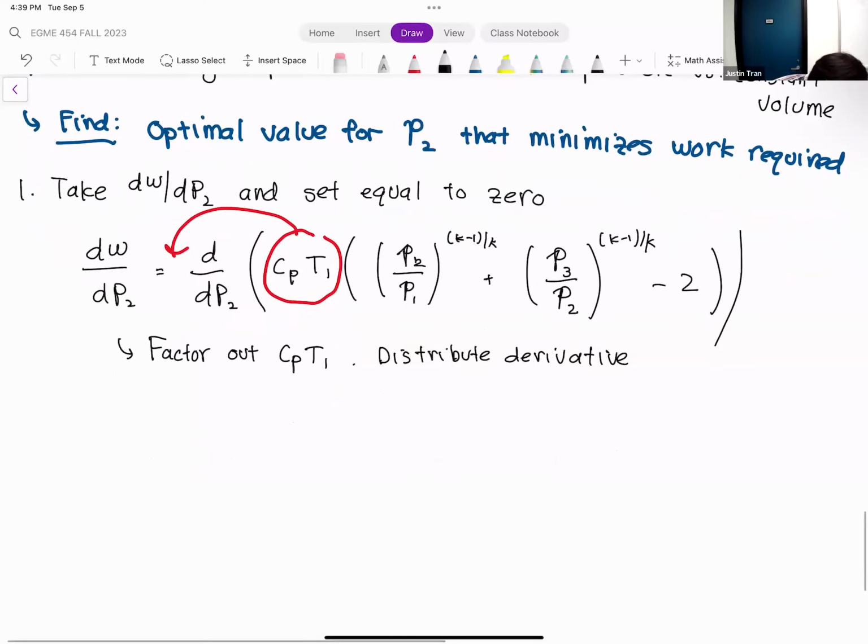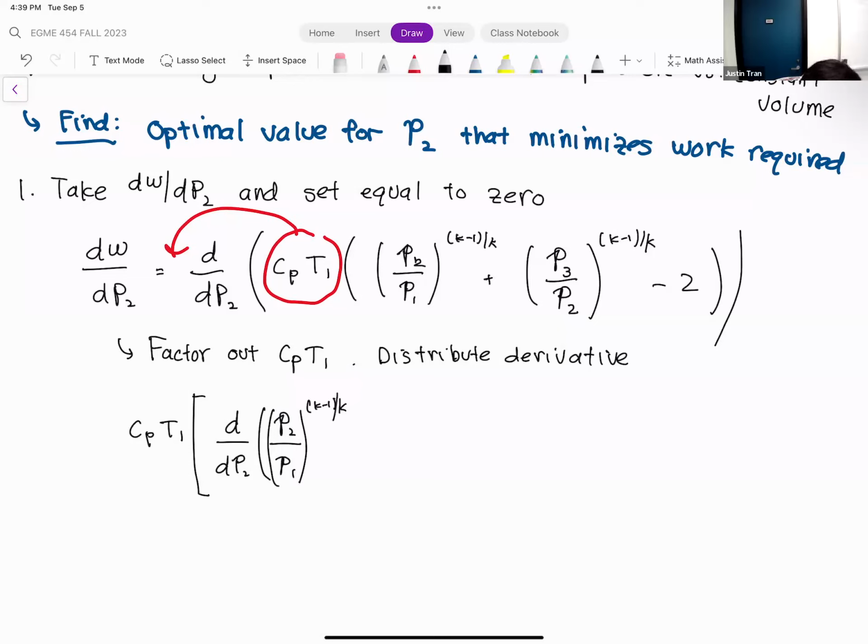Okay. And so in the end, what we get is the following. So we have Cp T1 multiplied by the derivative with respect to P2 of P2 over P1 raised to the (k minus 1) divided by k power. That's the first term.